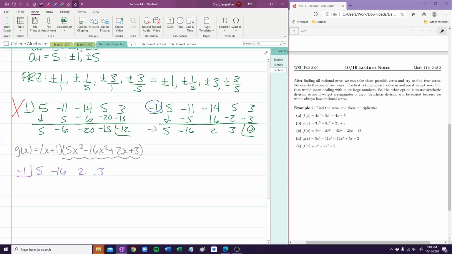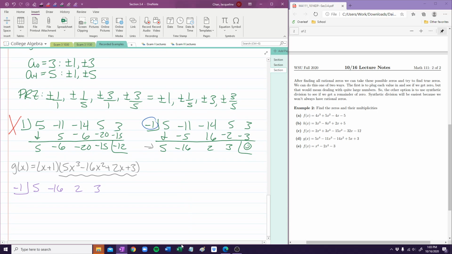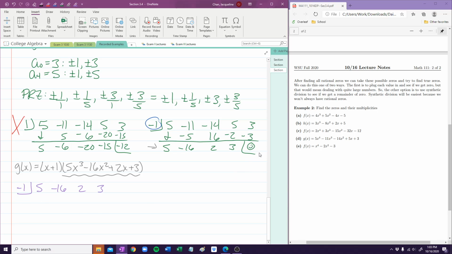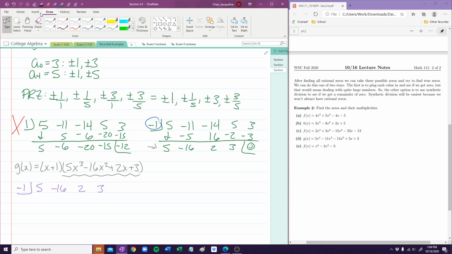You could actually still use the original 5, negative 11, negative 14, 5, 3. Obviously, you can't do the negative 1 again with that, because you're going to get 0, and that doesn't tell you if it's a multiplicity or not. But you could still use the original one. However, it's more common that once we find a 0, we just reduce our problem. You don't have to do the multiplying and adding for one less term, which is great. Less time it'll take.